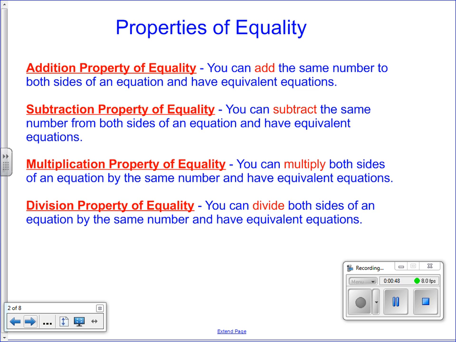The addition, subtraction, multiplication, and division properties of equality basically all say that you can perform any one of those four operations to both sides of an equation and you will end up with equivalent equations, meaning that you have not changed the value of the original equation.